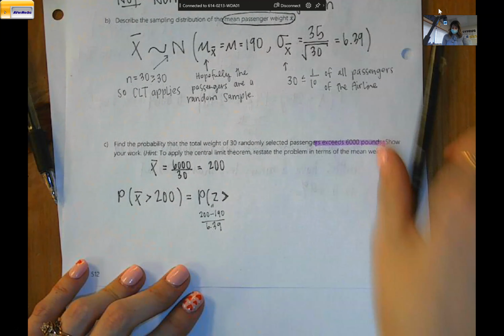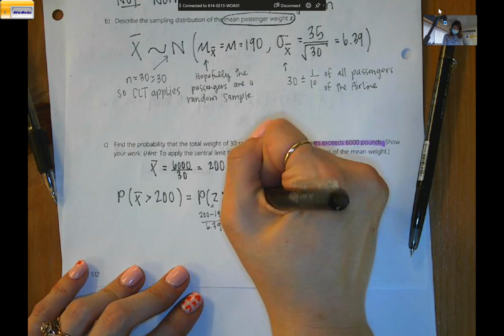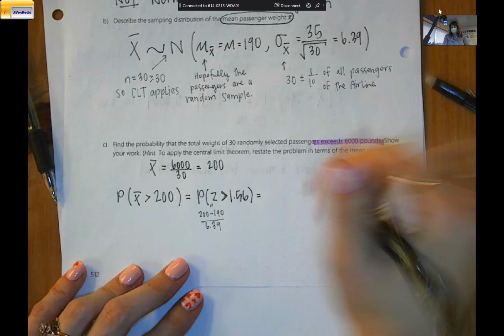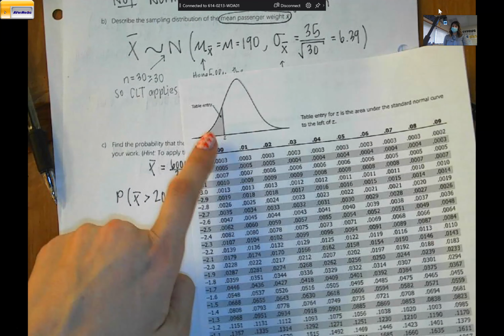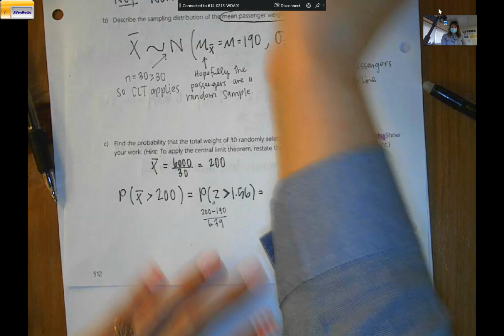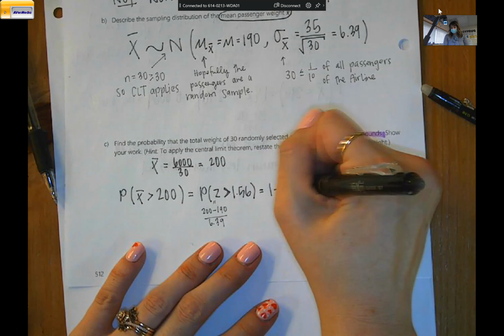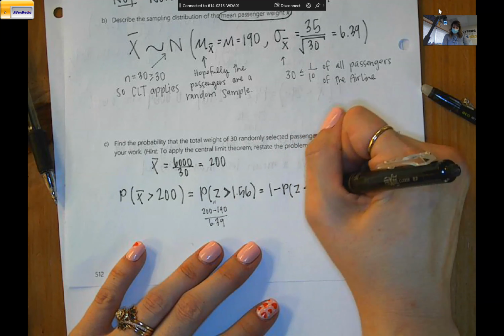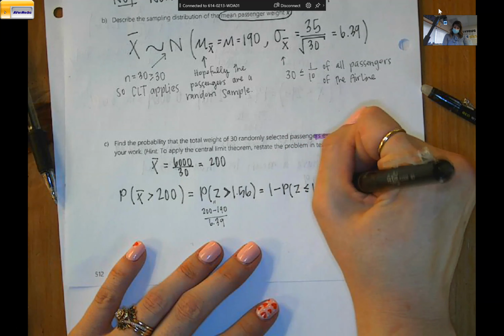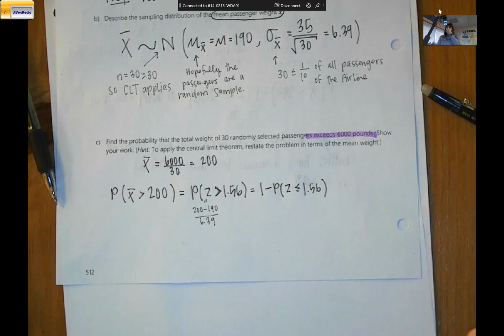I'm getting 1.56. Okay, remember, the normal curve only gives us areas to the left. So this is the same as 1 minus the probability of z less than or equal to 1.56.